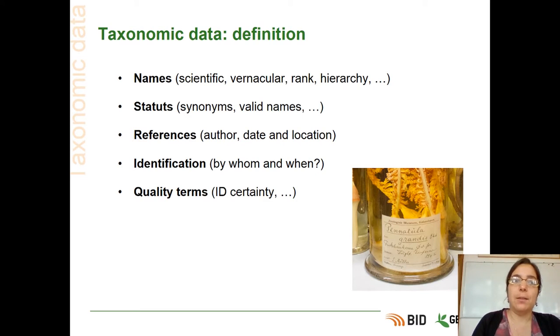This name is valid. This name is not valid anymore. You can also have some references, such as the author, the date and location of the description of the species, the identification, who and when was this specimen or individual identified. And you can also have some quality terms related to taxonomic data, such as the ID certainty, for example.